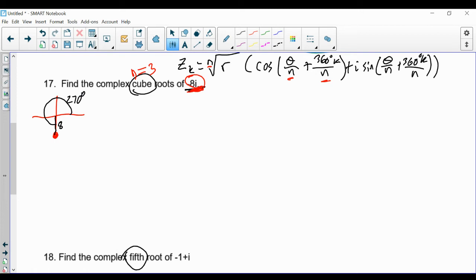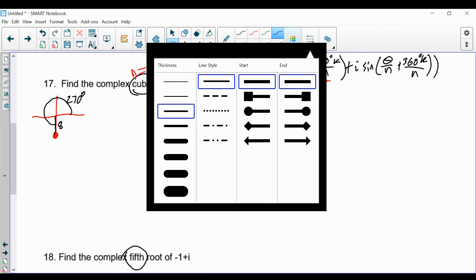Okay, you can do it either way. Both are 100% correct, but just because I wrote the formula in degrees, I'll do it in degrees. Okay, so I can now write this in polar, so it would be 8 cosine of 270 plus i sine of 270 degrees.